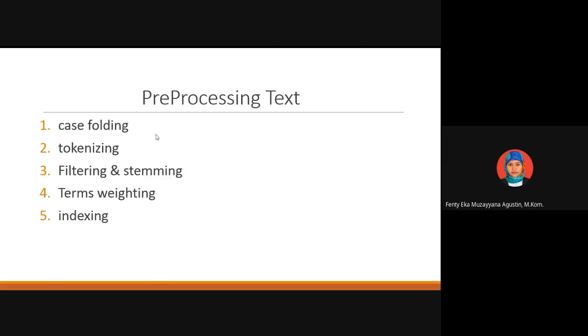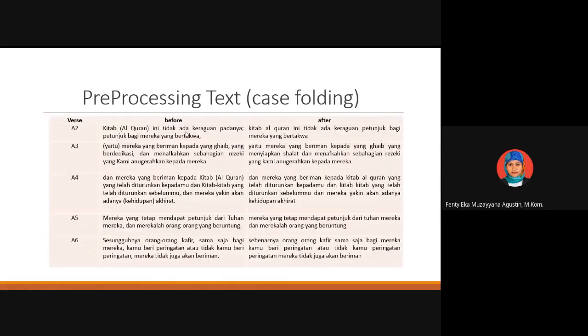This is an example of preprocessing text. In verse A2, it means ayat kedua in Indonesian, or the second verse, in Al-Fatihah, the opener, the first surah in the Quran. In this sample, we delete the parenthesis mark.